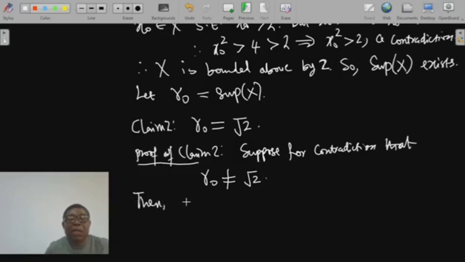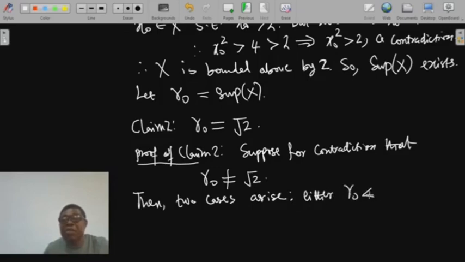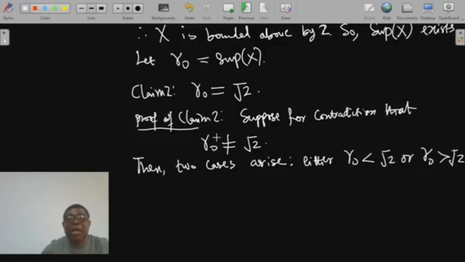Then two cases arise, and these two cases are as follows. Either gamma naught is less than root 2 or gamma naught is bigger than root 2. So these are the two possibilities. Since gamma naught is not equal to root 2, it means that gamma naught will either be less than root 2 or bigger than root 2.